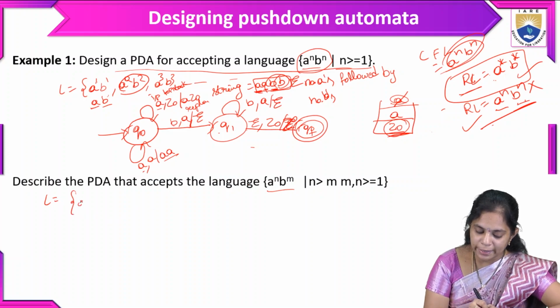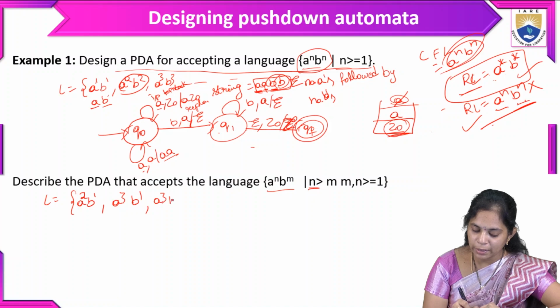So A power n, where n is greater than or equal to 1, and B power m, also greater than or equal to 1, and the n value should be greater than m. So I am taking a power 2 and b power 1, and also a power 3 and b power 1, and a power 3 and b power 2.